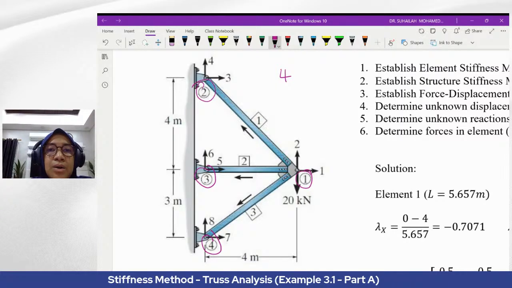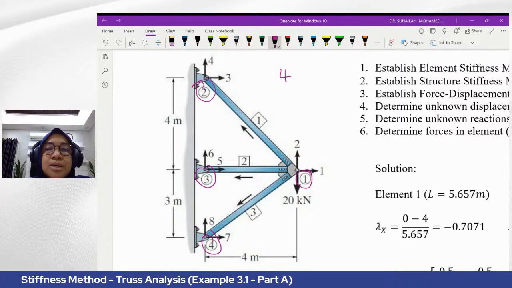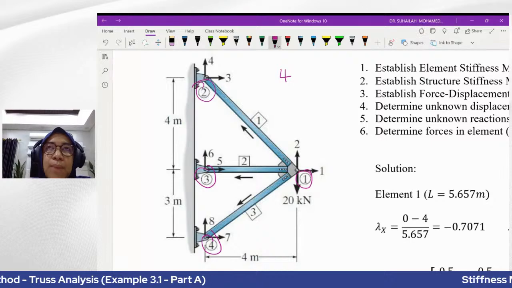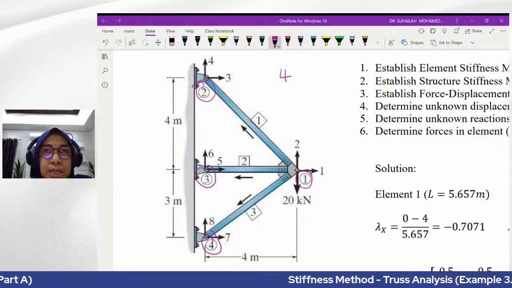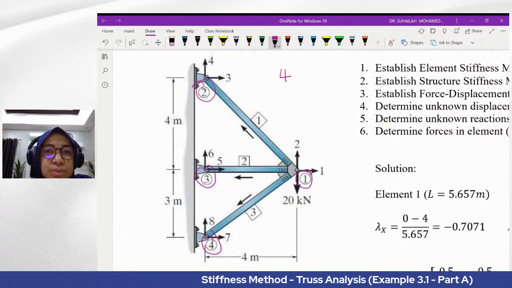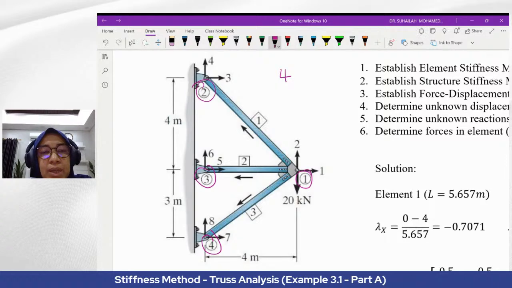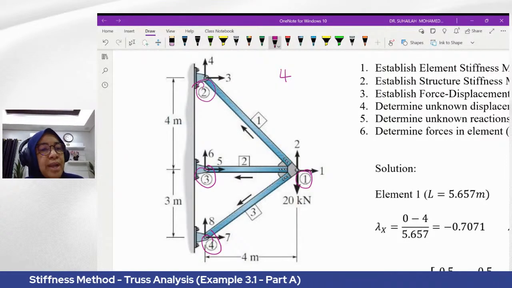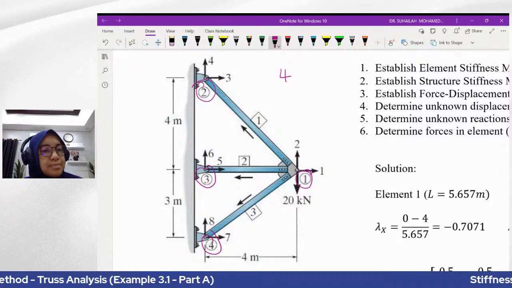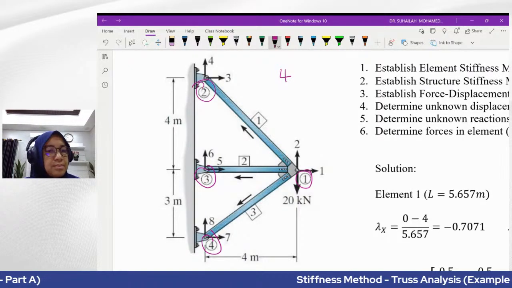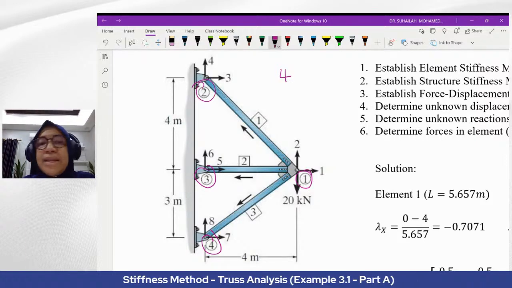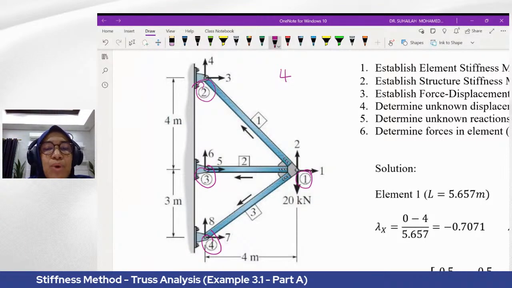And always remember, combining two nodes becomes one element.